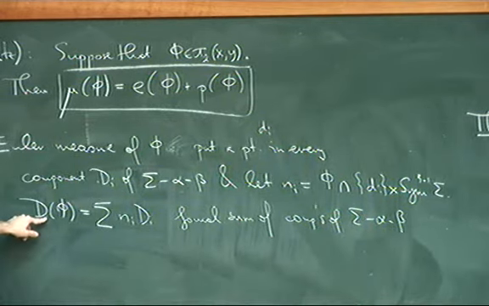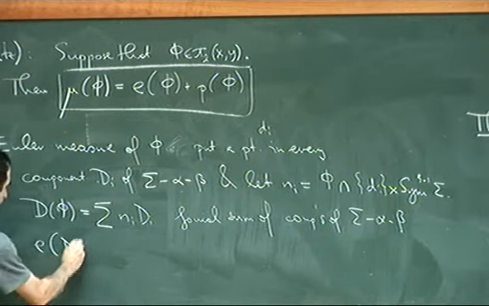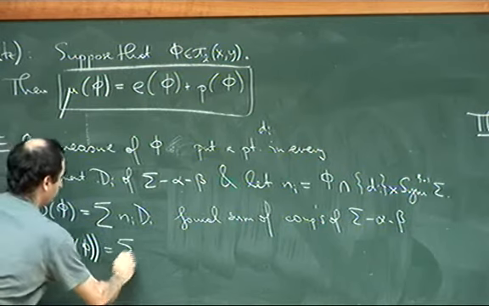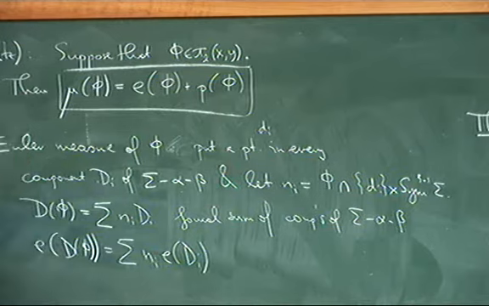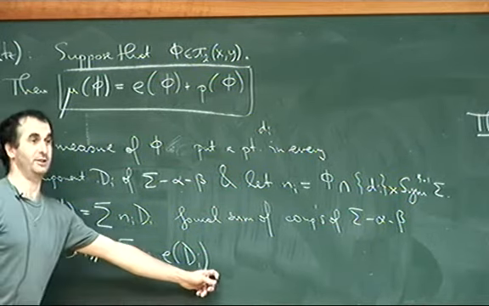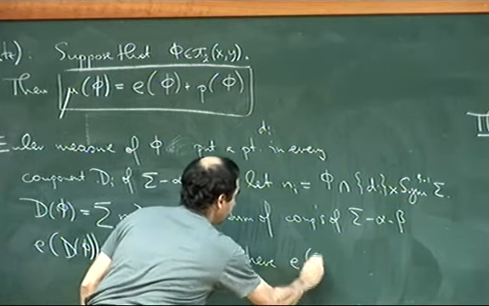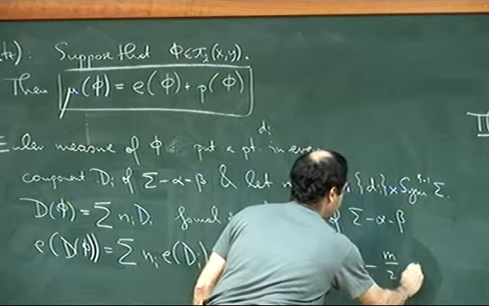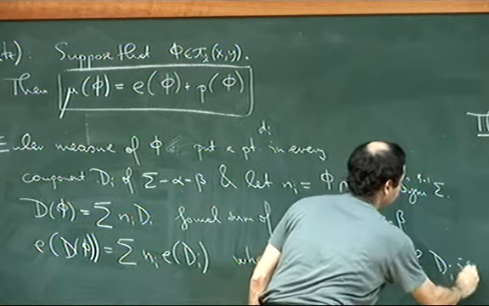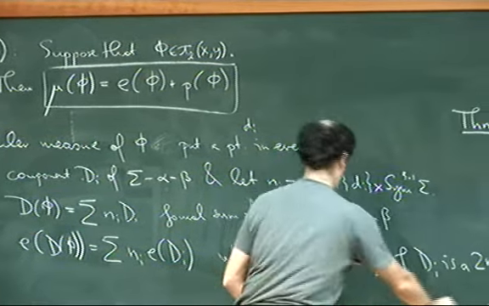And now I will define the Euler measure of d phi: E of d phi is just the sum of ni E di, and all I have to define is E di, which is 1 minus m over 2 if di is a 2m-gon.